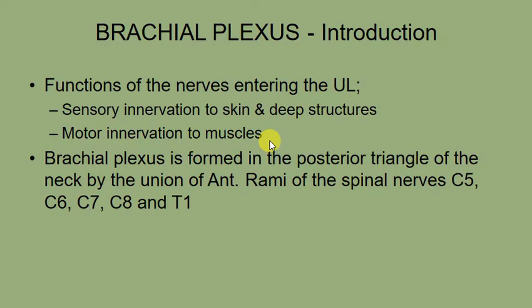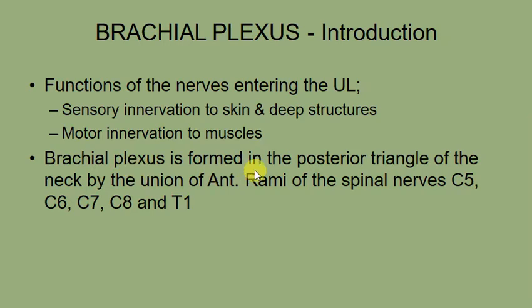So these are the two major functions. The first is taking information from the periphery to the central nervous system, but motor innervation is taking commands from the central nervous system to the muscles of the upper limb, which perform different functions of the body.